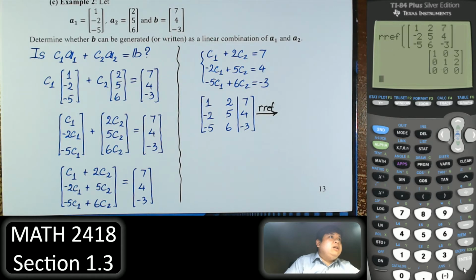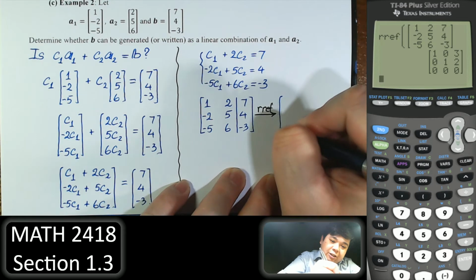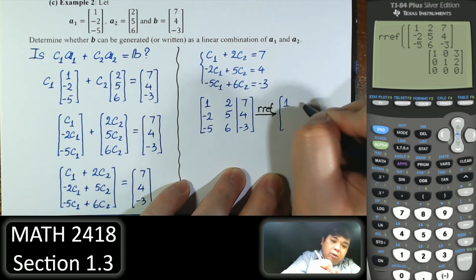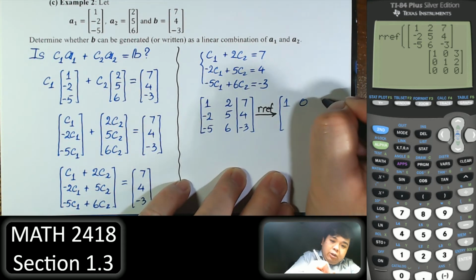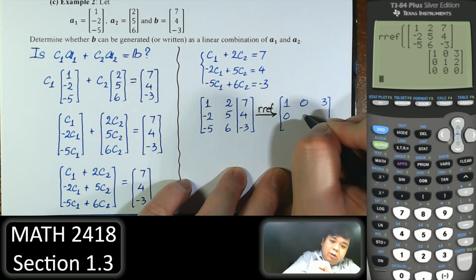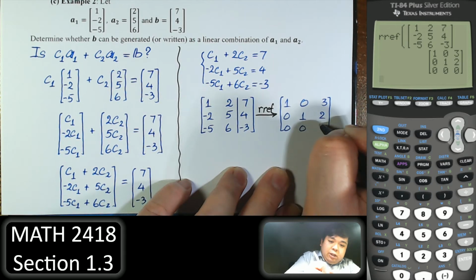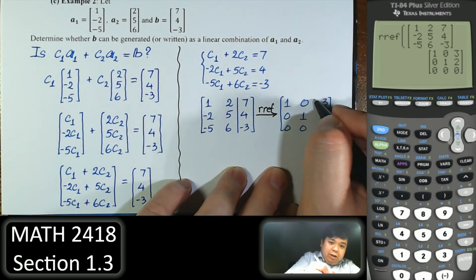All right. So we end up with that. 1, 0, 3, 0, 1, 2, 0, 0, 0. Right.